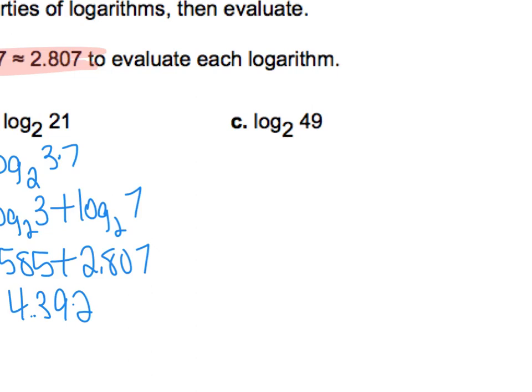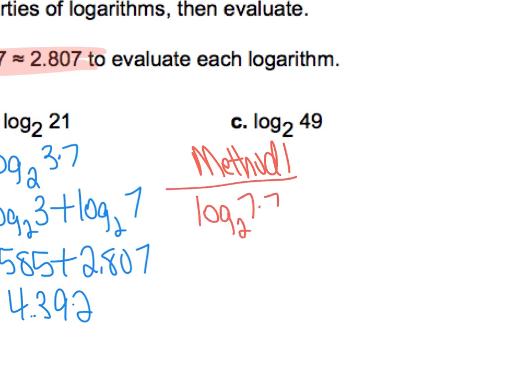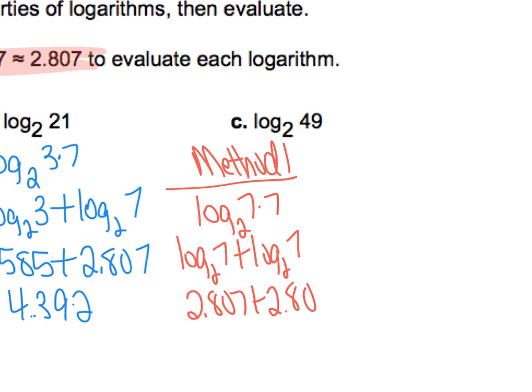Method 1 is you could say it's log base 2 of 7 times 7. So that would be log base 2 of 7 plus log base 2 of 7, which is 2.807 plus 2.807, which is 5.614.